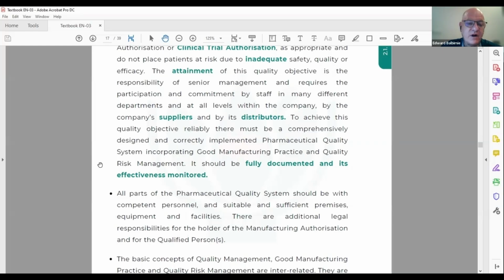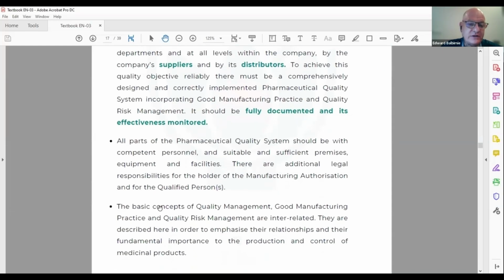All parts of the pharmaceutical quality system should be resourced with competent personnel and suitable and sufficient premises, equipment, and facilities. There are additional legal responsibilities for the holder of the marketing authorization or for the qualified person or persons.